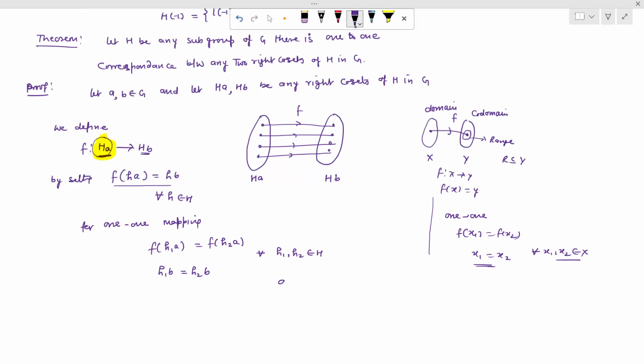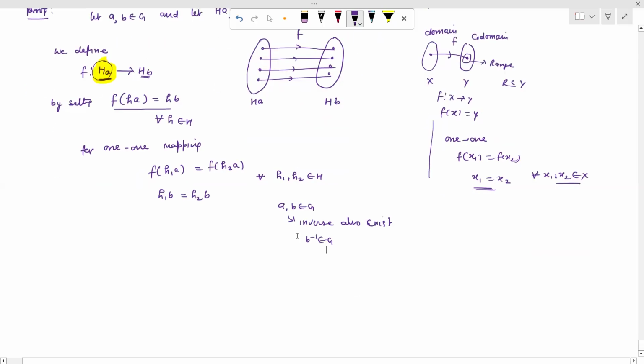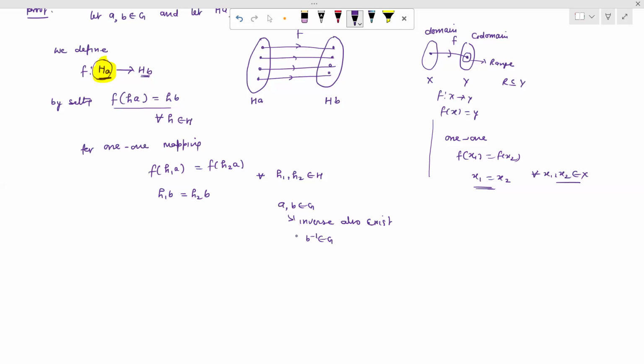So A and B belong to G, so the inverse also exists. That means B inverse also belongs to G and A inverse also belongs to G. Okay, so now we take H1B into B inverse, which is equal to H2B into B inverse.